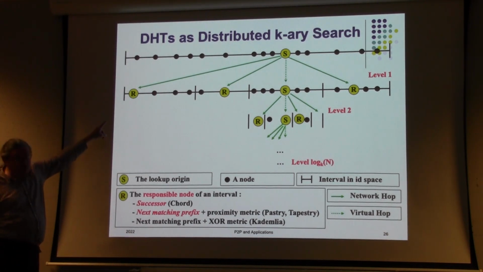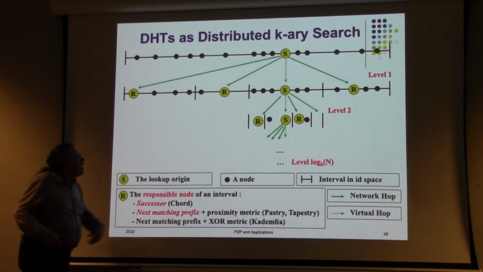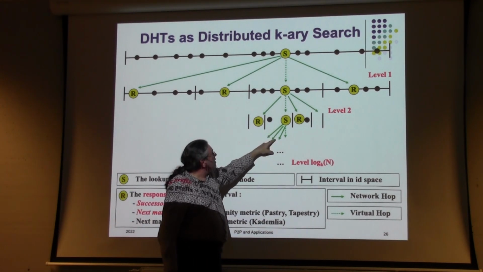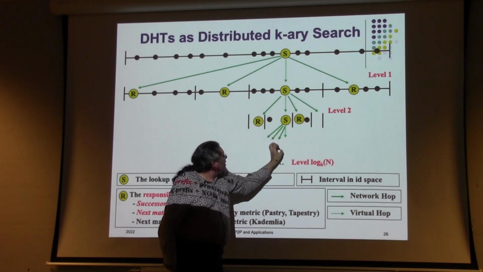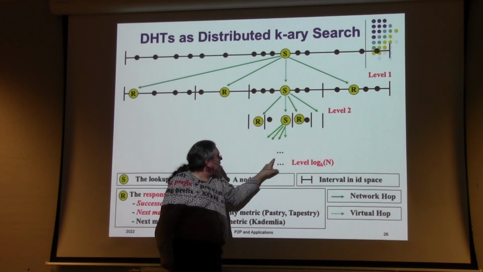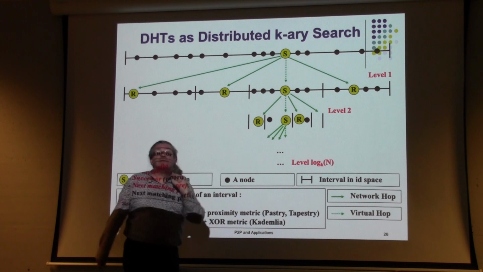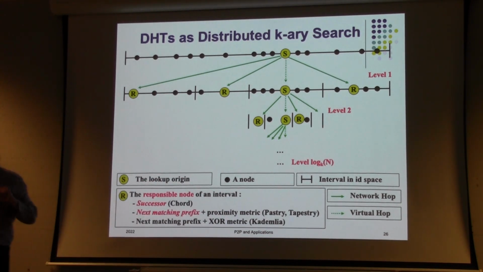Here I have k is equal to 4, and I have 3 jumps. The next step I have 3, and so on. And it keeps getting narrower and narrower until I'm at log k n, and there I find it. Okay? So Chord also is an example of this, with k is equal to 2. This is more general. Here we're looking at a general kind of convergence scheme. Okay?